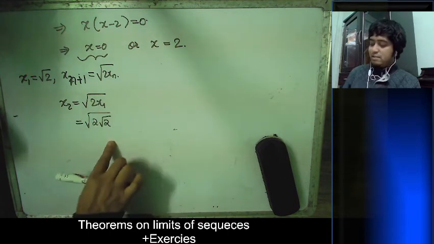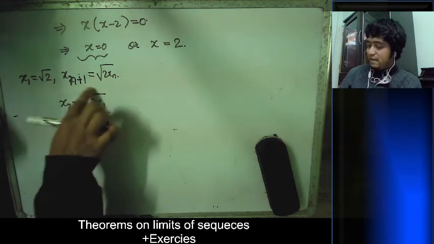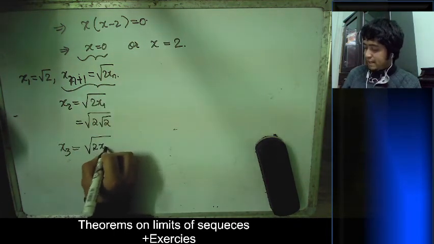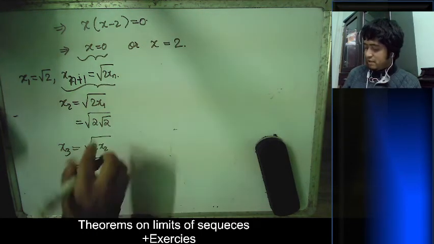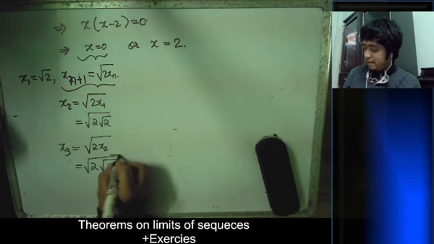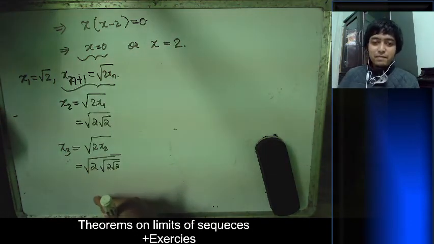So again it's not equal to 0. If you calculate x3 by using this expression, you'll get root 2 x2, which is root 2 root 2 again. So everywhere it's not equal to 0.